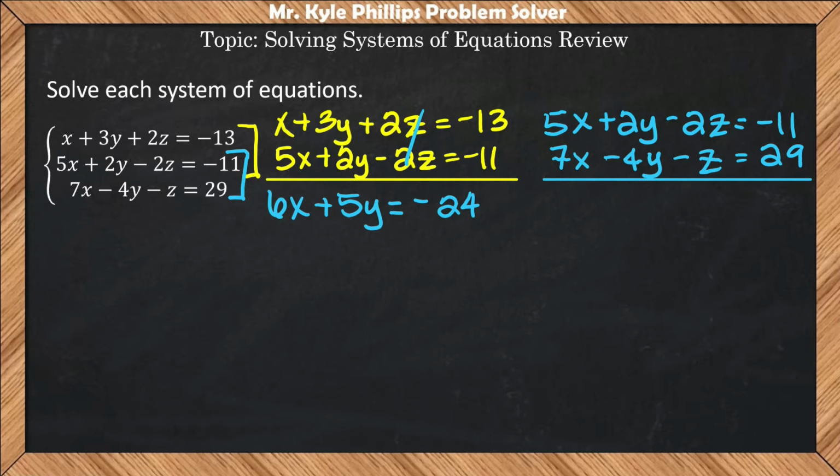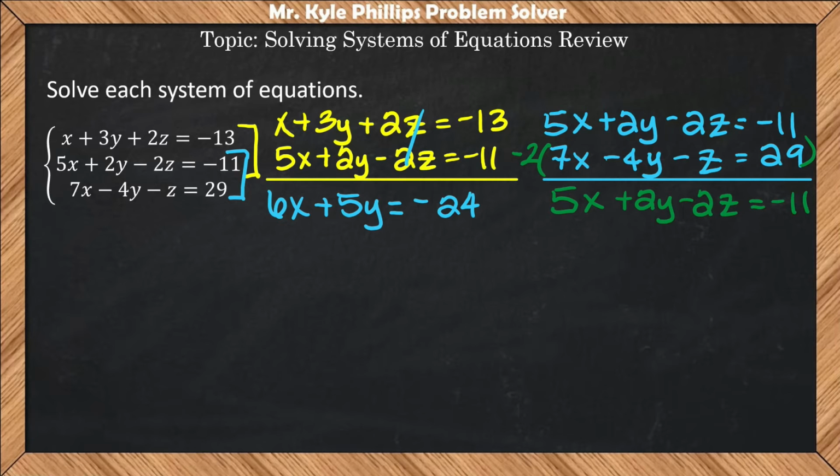So it looks like I'm going to have to multiply the bottom here by negative 2 so that my z's can eliminate. Now the top equation, we didn't do anything to it, so it's going to stay the same. So here we're going to have 5x plus 2y minus 2z equals negative 11.